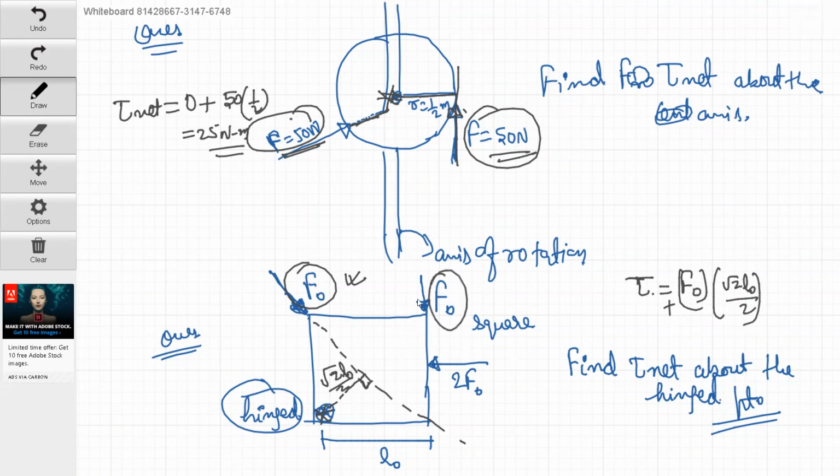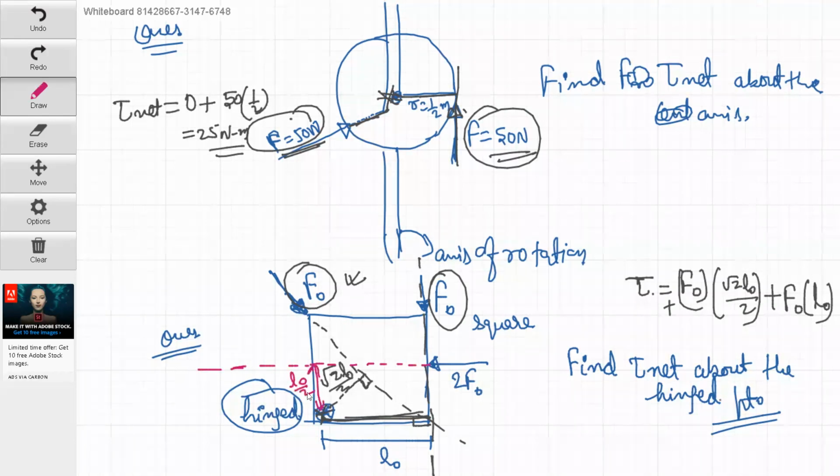Now this is F naught. This is the line of force, and the perpendicular distance is L naught. So it will also rotate clockwise. So it will be plus F naught into L naught. Now this 2 F naught will pass like this, isn't it? So this length is L naught by 2.